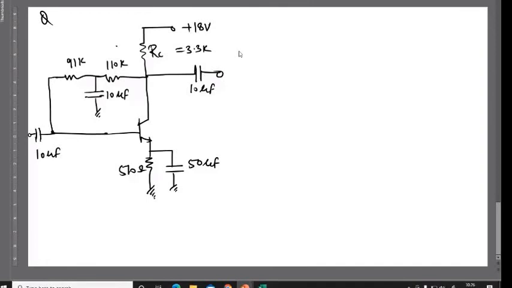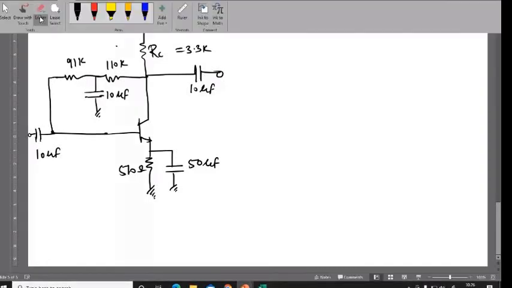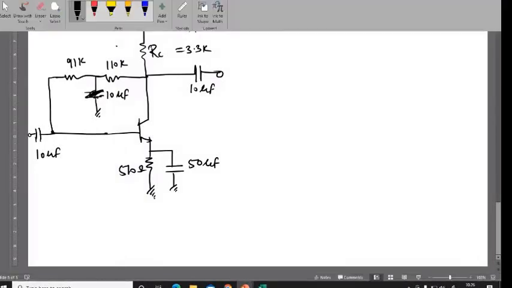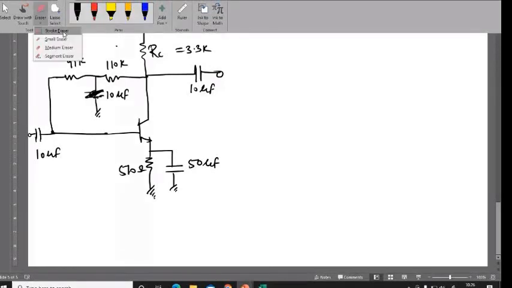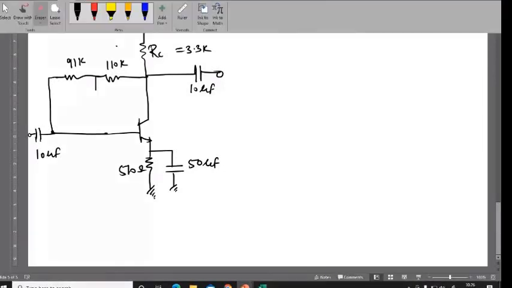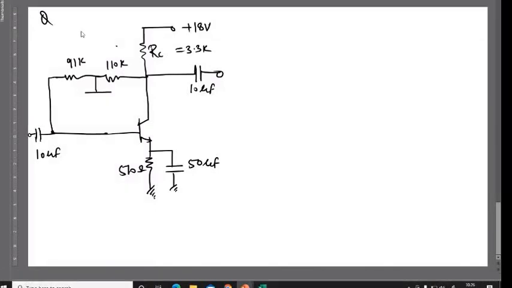But if I modify this circuit and apply one battery here, plus minus 10 volt, now tell me, can you solve this numerical problem?